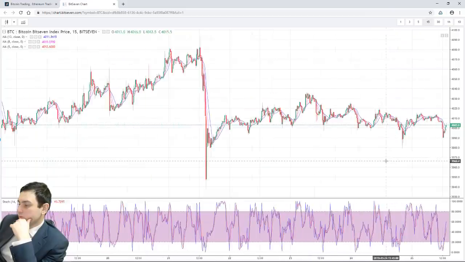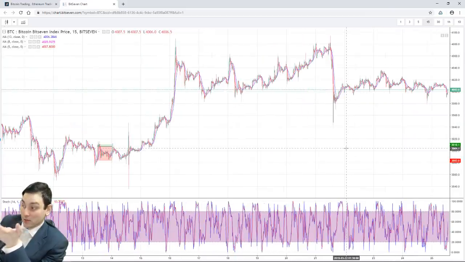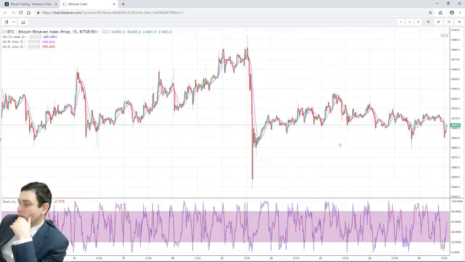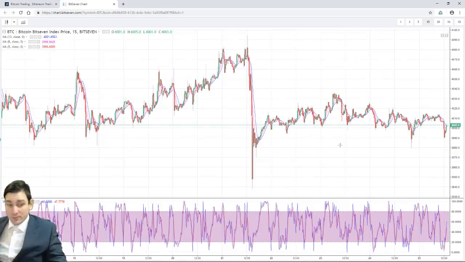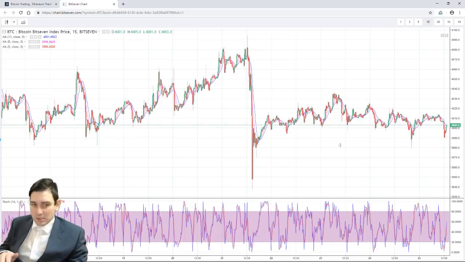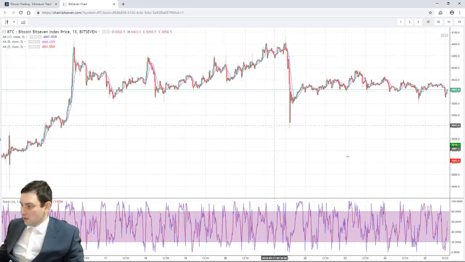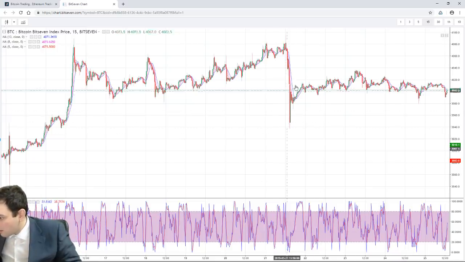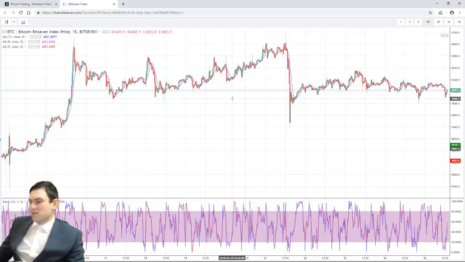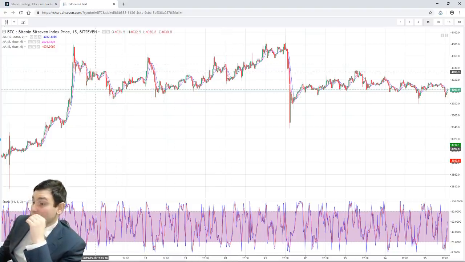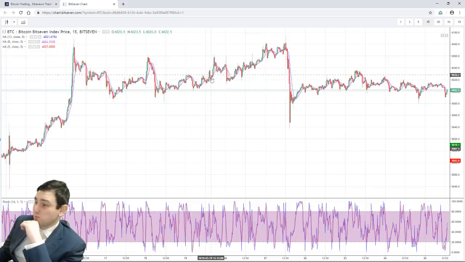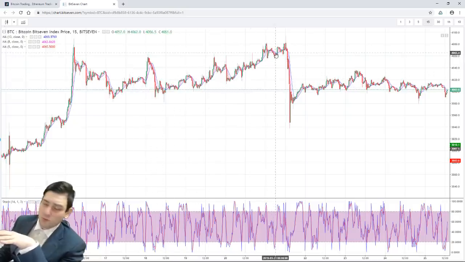So what can we conclude? We can conclude that the balance between bears and bulls is pretty much even. About 5 days ago it was not so even, and we saw quite a lot of volatility and somewhat of an upward movement.